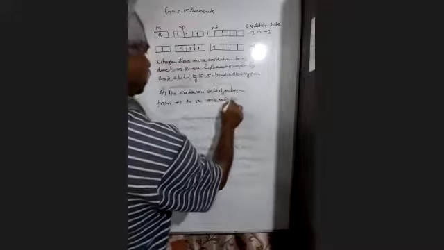All the oxidation states of nitrogen from +1 to +4 are not stable and often undergo disproportionation.